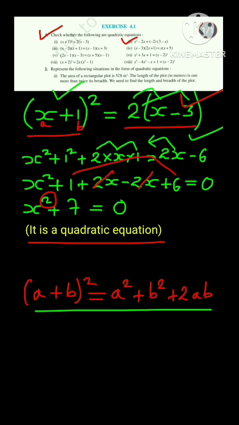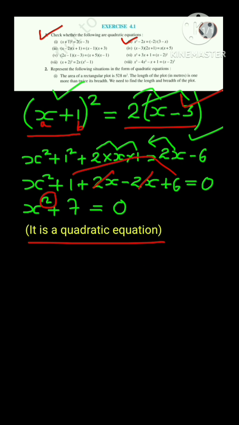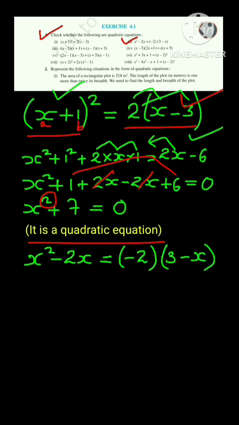Okay, now question number 2. Firstly let's erase this. Our second question is x square minus 2x equal to minus 2 into 3 minus x. To identify whether it is a quadratic equation or not, firstly we have to solve this equation.